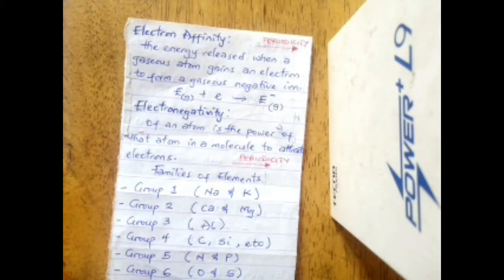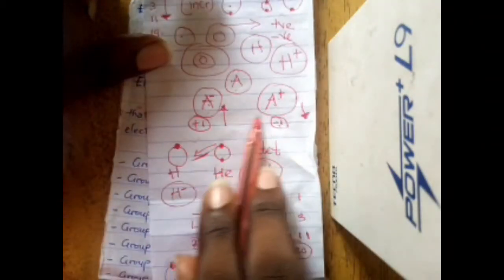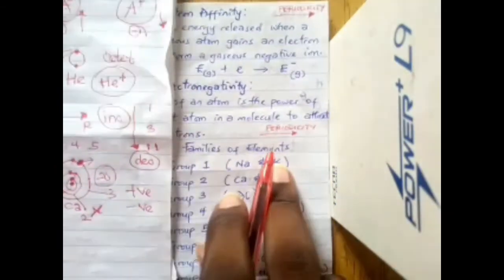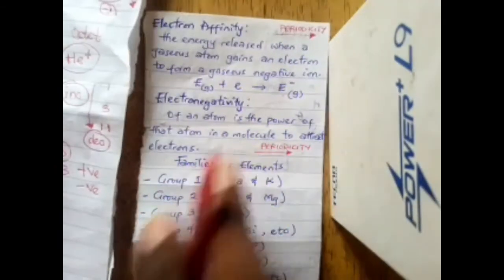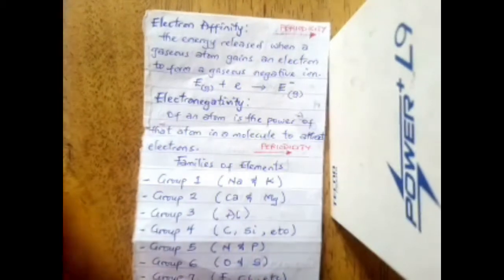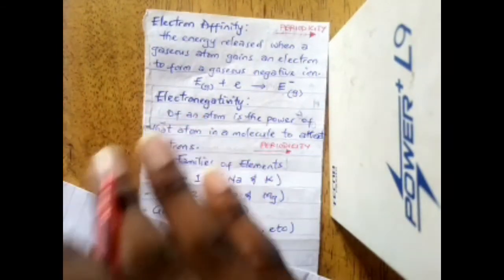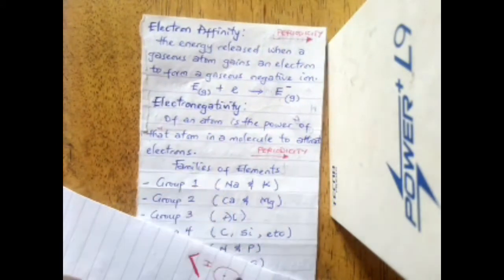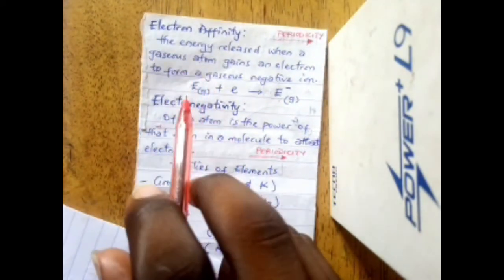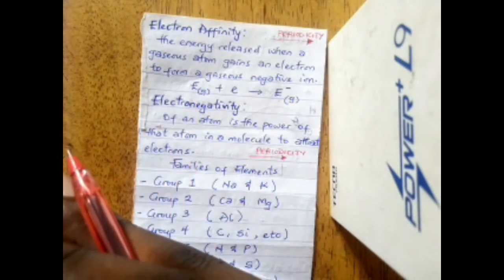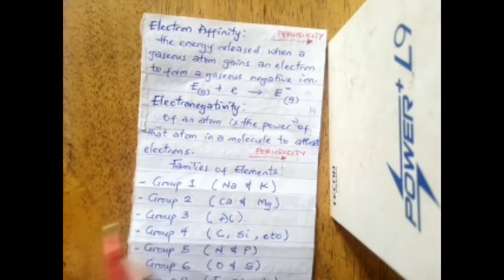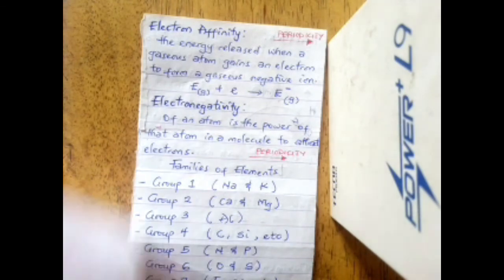I explained using this illustration, if you can remember now. So in this case, electron affinity is the opposite of the ionization energy. Ionization energy has to do with the energy you use to remove an electron from the atom, but the energy released when the atom gains an electron is referred to as electron affinity.